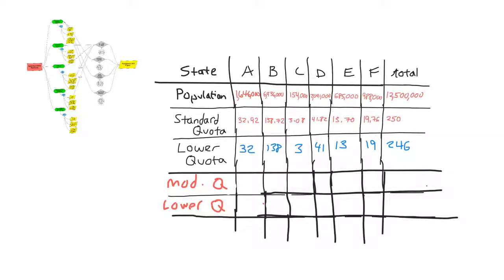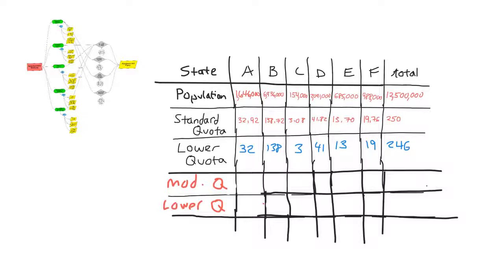Due to the fact that congressional seats are not themselves divisible, we ended up going with the lower quota here. That was with Hamilton's method. Once we rounded every one of these standard quotas down, we ended up with only 246 total seats, and we had an additional 4 seats to take into account.